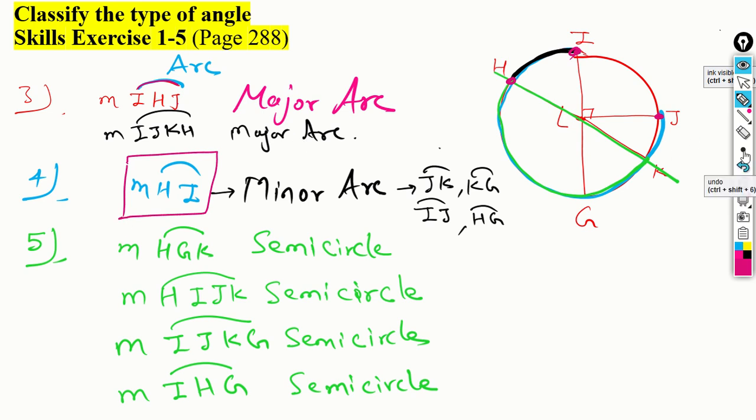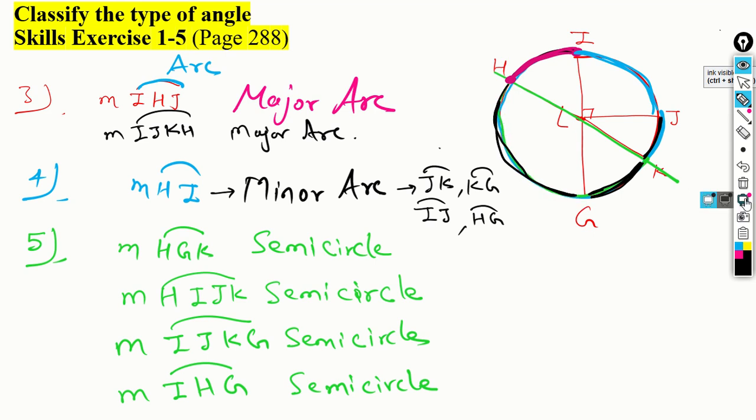If you look here, this is H and this is I. So this is called a minor arc. Individually, if you see in this circle, this is also a minor arc, this is also a minor arc, and this is also a minor arc, right?